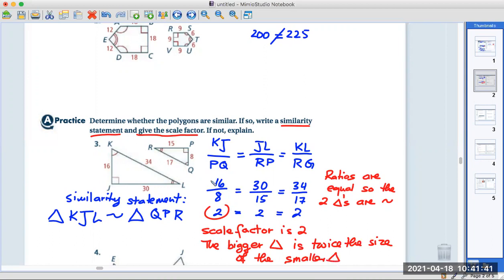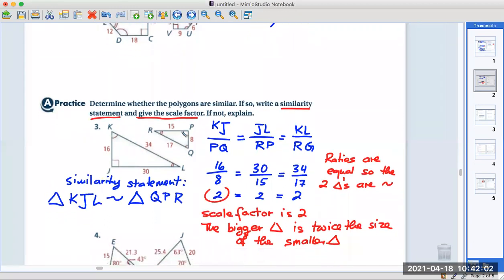So how did I get the scale factor? I divided. If it's not coming out to be clearly 2, you could reduce your fraction and say it's 2 to 3, or it depends. I'll show you. Hopefully we'll come across one when it's not exactly a whole number.